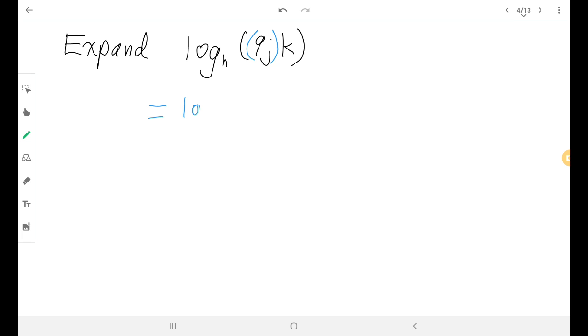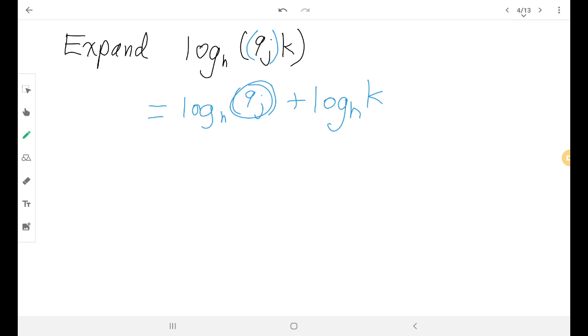So log base h of 9j, we'll sort of think of that as one thing for the moment, and times k, and we expand multiplication into addition, so this would become log base h of 9j plus log base h of k.